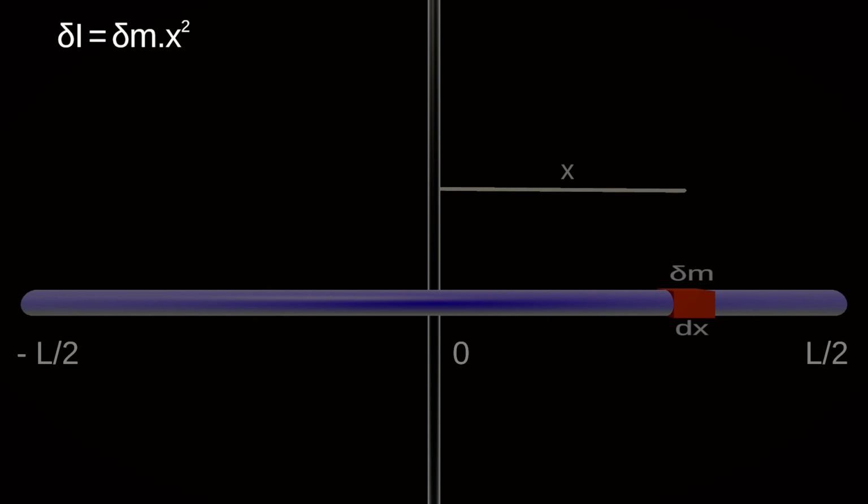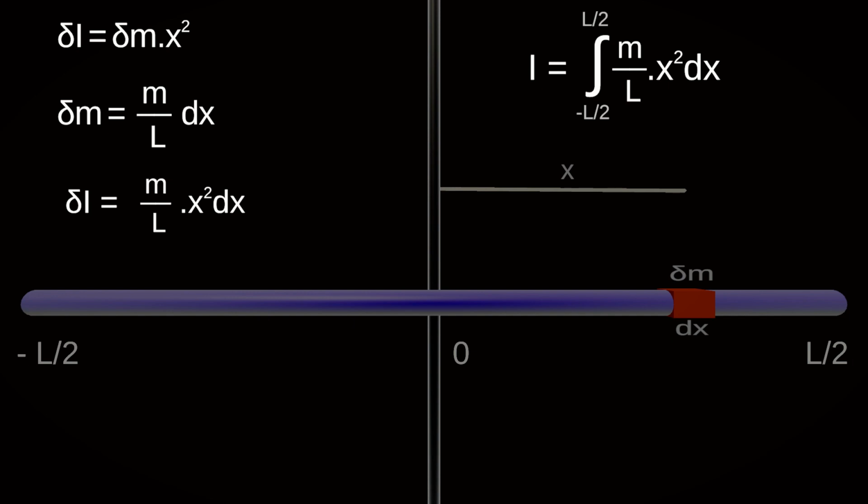We can get the mass of the dx strip by multiplying it with the density, that is m divided by L, and hence we have del m is equal to m divided by L dx. So a small moment of inertia, that is del I, for this particular strip will be equal to m divided by L into x square dx.